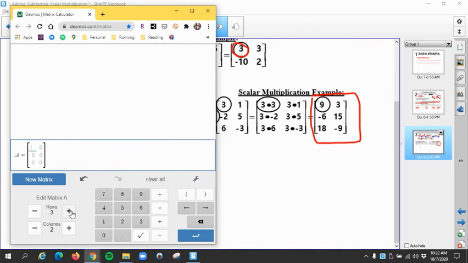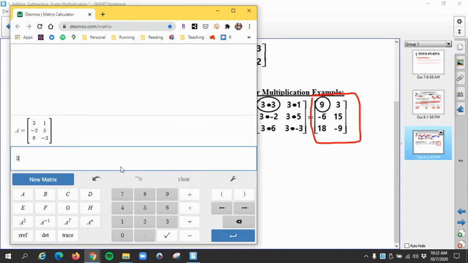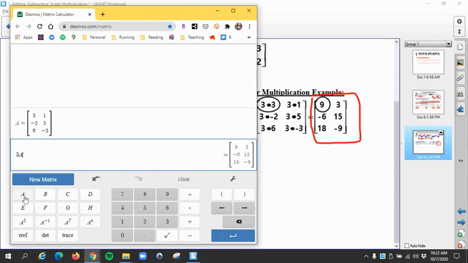It now has 3 rows and 2 columns: 3 and 1 in my top row, negative 2 and 5 in my second row, 6 and negative 3 in my third row. Now I want to calculate what is 3A. And then my answer here will match this answer over here.